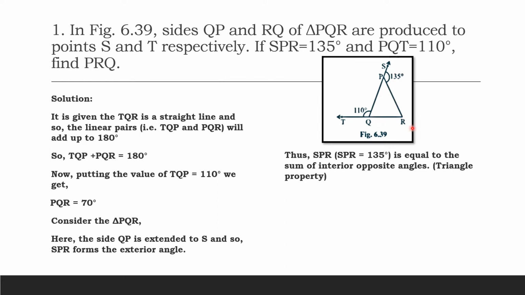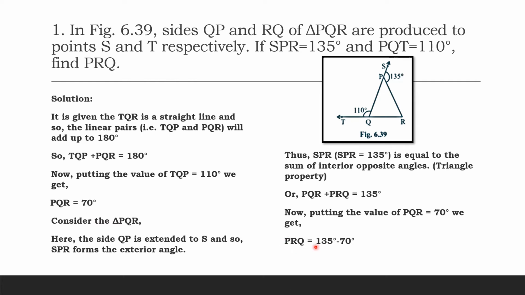So SPR would be equal to PQR plus PRQ, which is equal to 135 degrees. Now putting the value of PQR as 70 degrees, we get PRQ as 135 minus 70 degrees. That is, PRQ is equal to 65 degrees. That is what we had to find out.